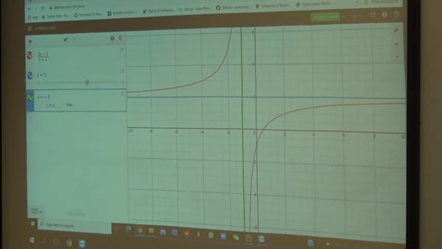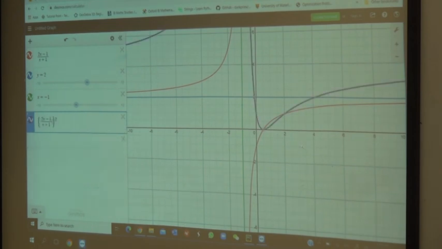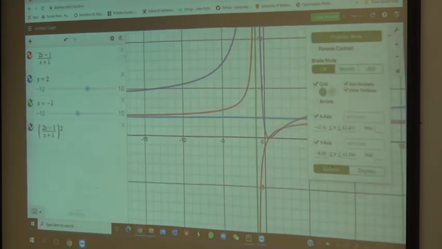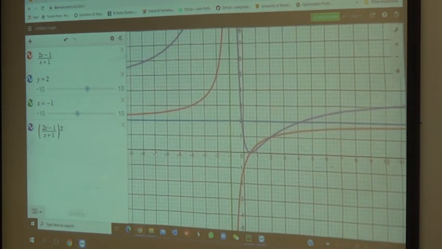Now let's look at the square of this function. Can you see the square? Projector mode. Let's look at that.